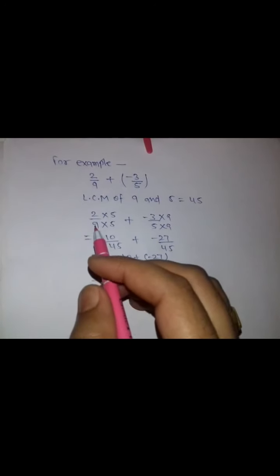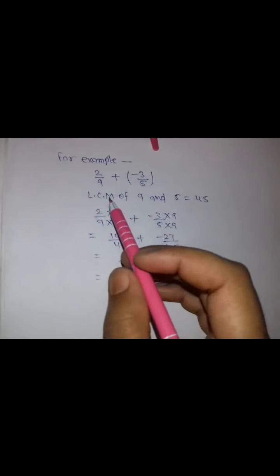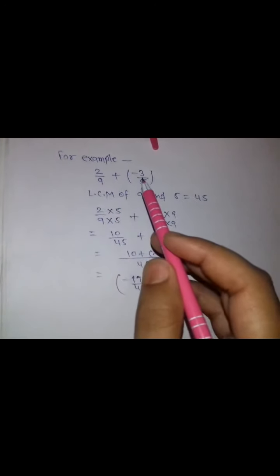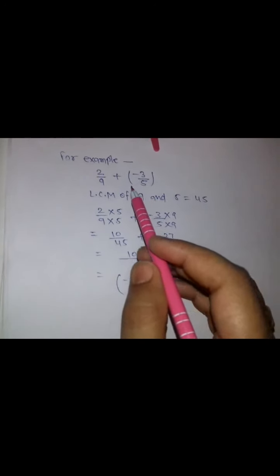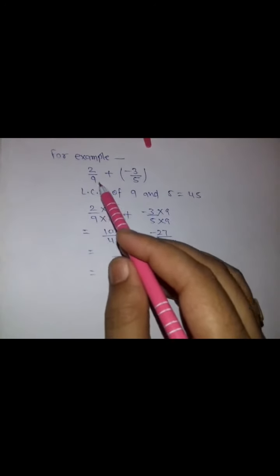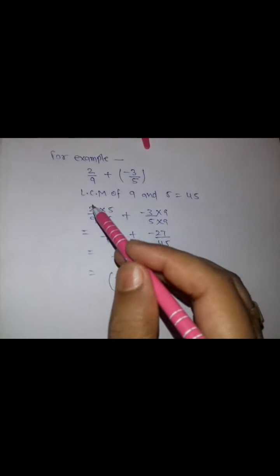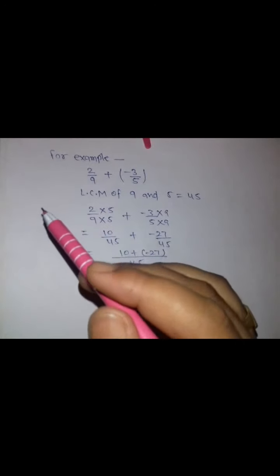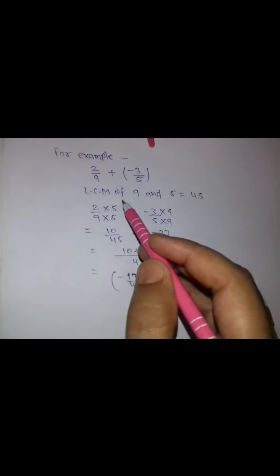Now let's see another example, a typical one. If 2 by 9 and minus 3 by 5 are the rational numbers and have different denominators, what should you do? As in the previous process, we will find the LCM.